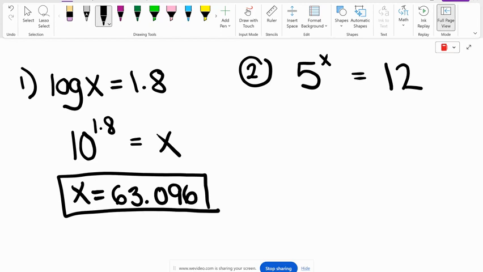No, there's no power of 5 that I can raise it to make it look like a 12 or vice versa. It's not happening. So what do we have to do? We still have to solve for x, but in order to solve for x, I need to get it out of the exponent. To get it out of the exponent, we're going to take the log of both sides.